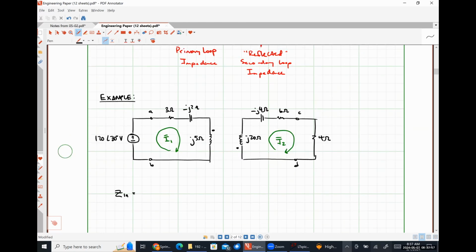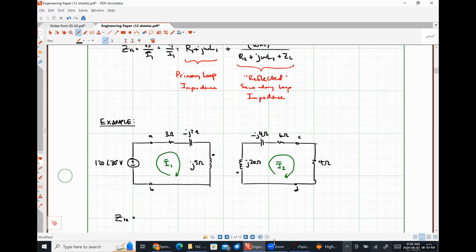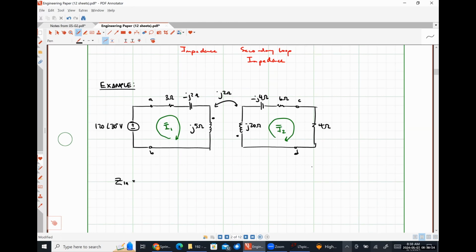What's the primary loop impedance? Oh, and also I need to define my mutual inductance. My apologies there, j2 ohm. So what's my primary loop impedance in total? What's the real part?